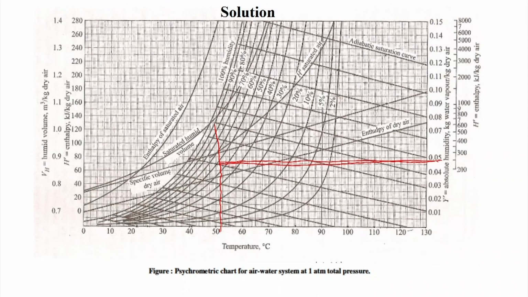From here, if we follow the adiabatic saturation line, we get the temperature Ts1, let us take it as 40 degree Celsius. So for Tg1 equal to 52 degree Celsius with y1 equal to 0.0452, we have Ts1 equal to 40 degree Celsius.